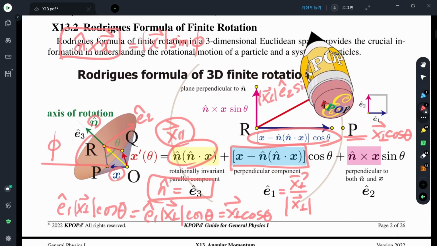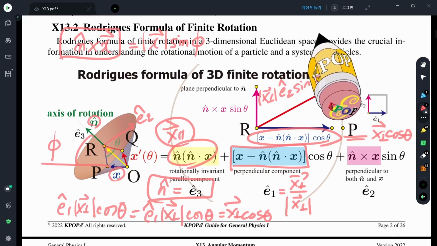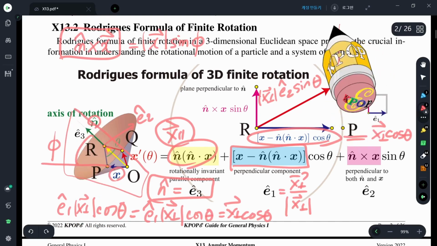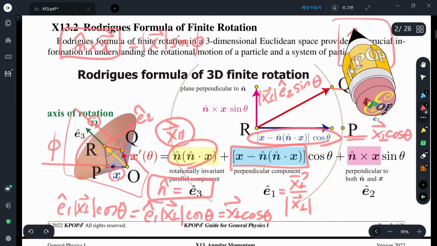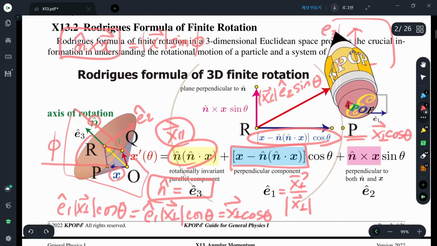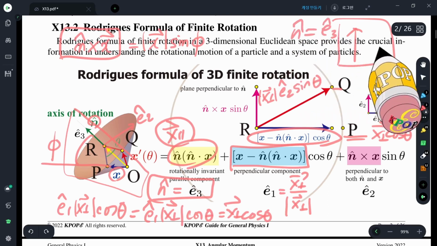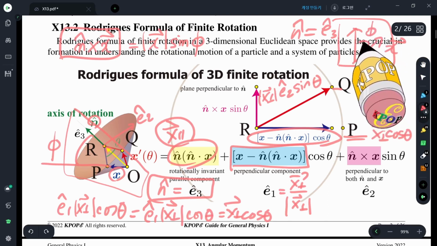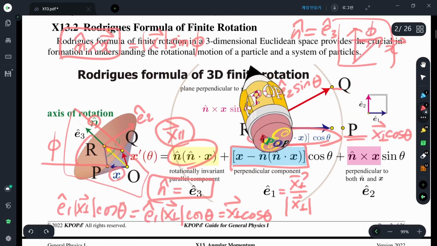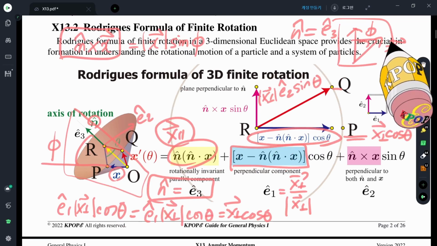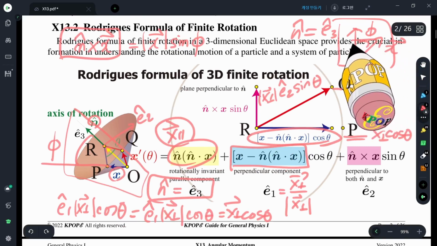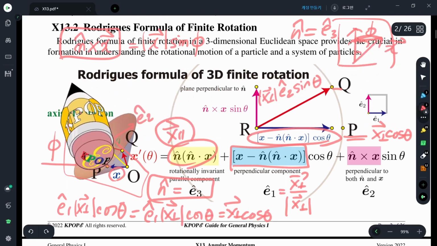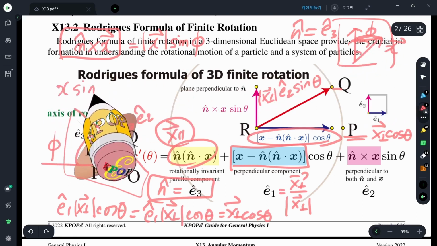And that component on the plane, we have E3 hat equals n hat, and x, we have angle phi. So this is phi. This magnitude is x sine phi.